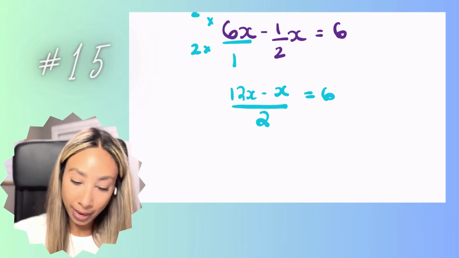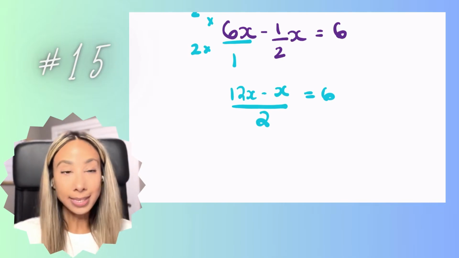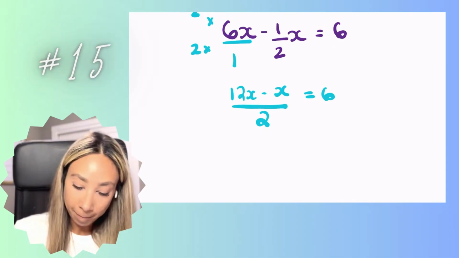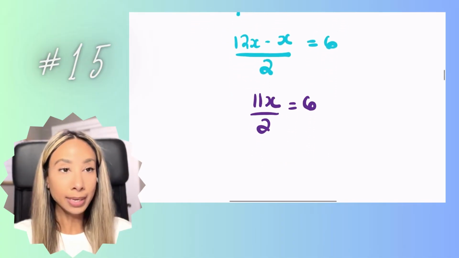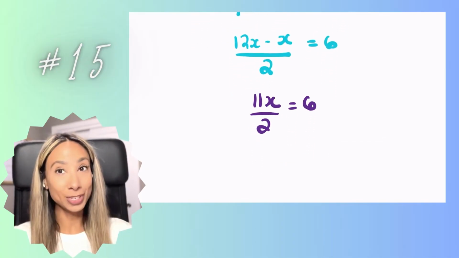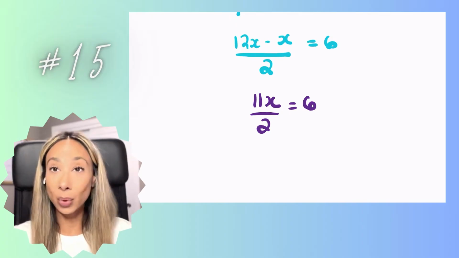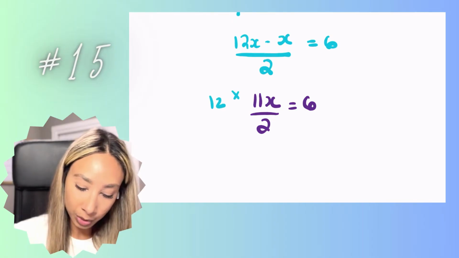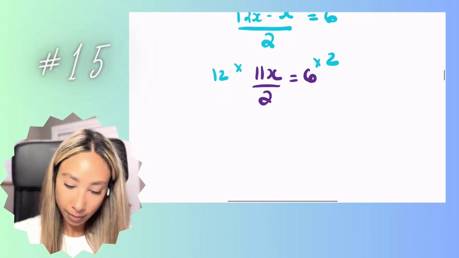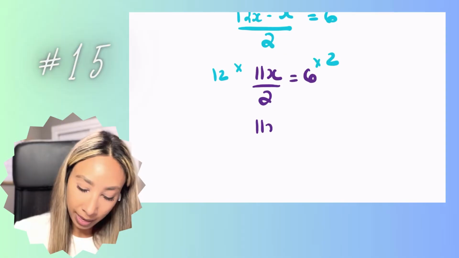All right, so now I can combine that a little bit further. 12x take away x is really just going to be 11x over 2 equals 6. Now I'm looking at this and I'm not a fan of that 2 in the denominator, so let's get rid of that because our goal is to always get x alone. So to get rid of that, I'm going to multiply both sides by 2. That's going to leave me with 11x.